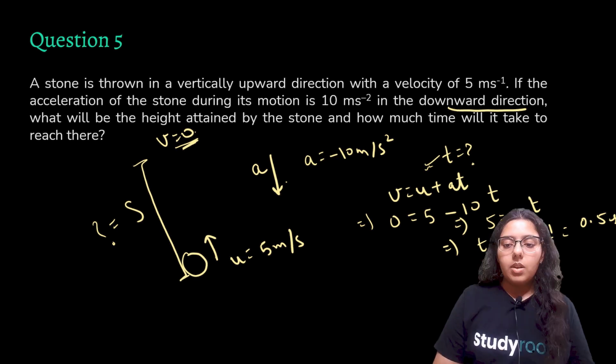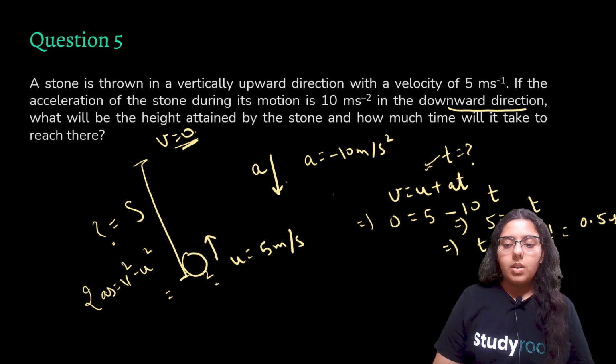2as equals v square minus u square, because all the information is given in the question. For example, if you calculate the time wrong, then that will be wrong. So the third equation: 2as equals minus u square. 2 into minus 10 into s equals 0 square minus u square, that is 5 square, 25, which implies minus 20s equals minus 25.